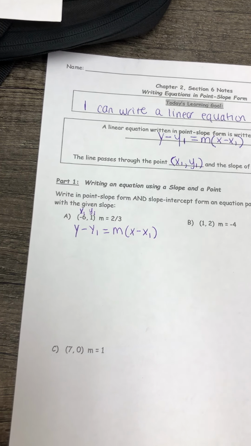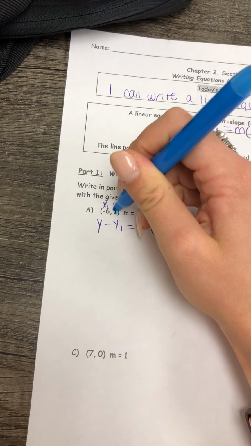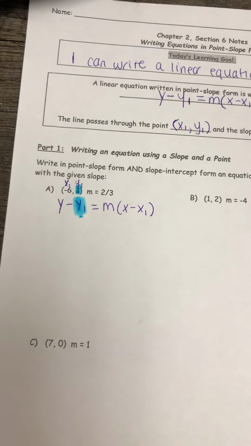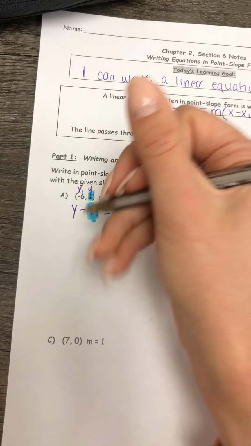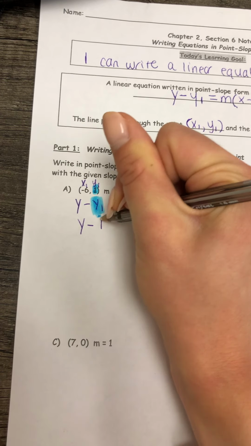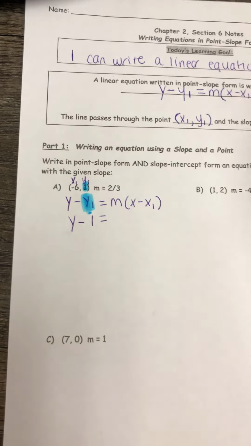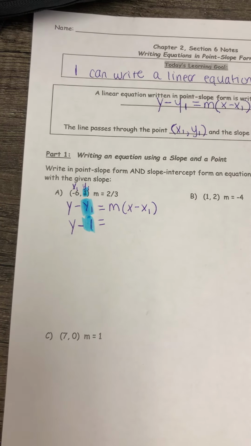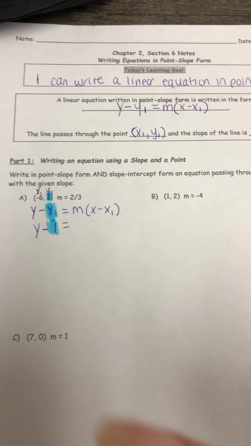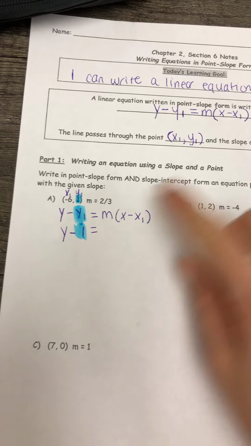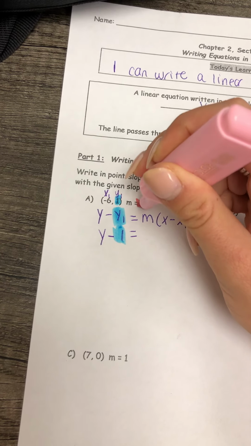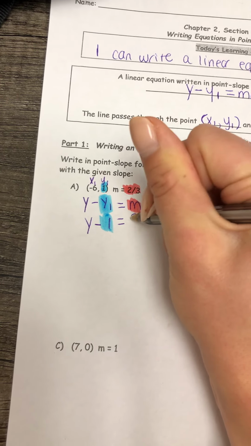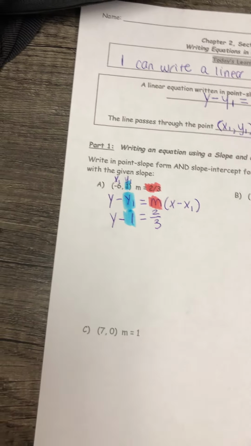Now I am going to plug in 1 for my y1. So this side is going to become y minus 1 because my y1 was 1. Now I'm moving throughout the equation. The other side is equal to m first, and my m is 2/3, so I'm going to plug in the 2/3 there.